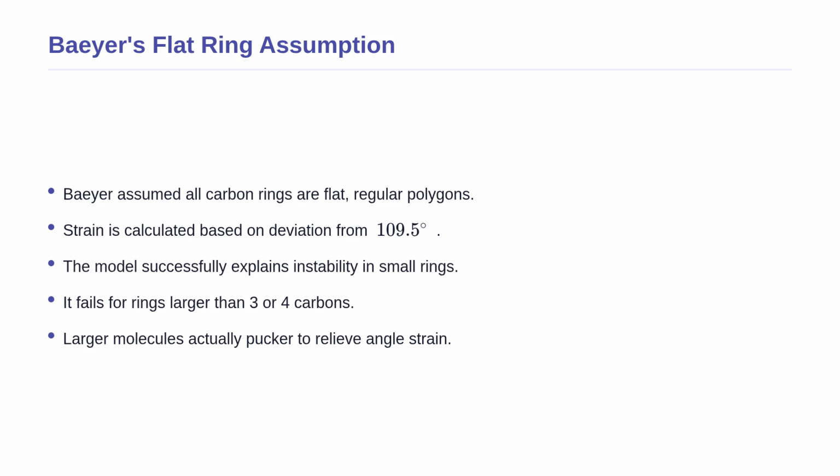While this model brilliantly explains the high reactivity of small rings, it has a major limitation. It actually fails for rings larger than 3 and 4 carbons. Why? Because in reality, larger molecules are not flat. They twist and pucker into three-dimensional shapes to relieve this built-up strain.